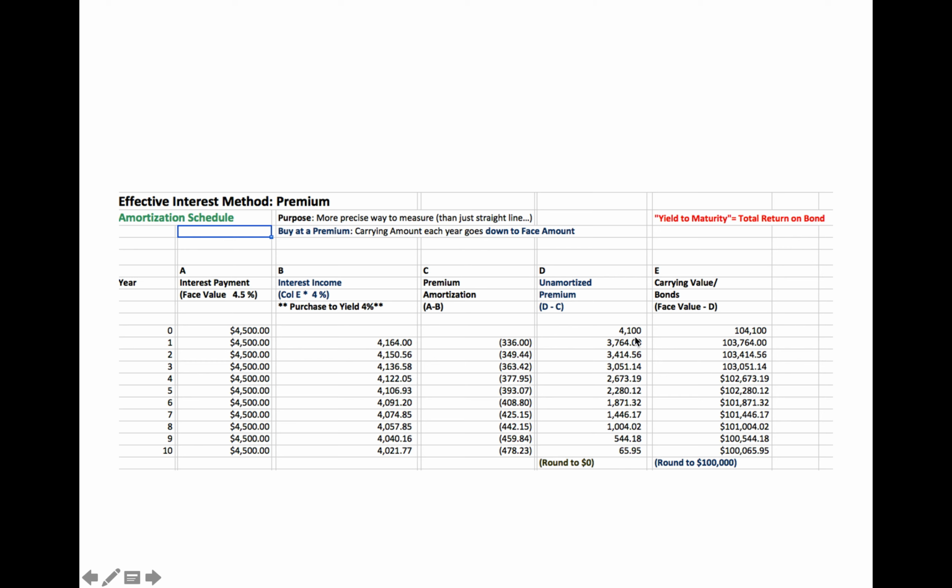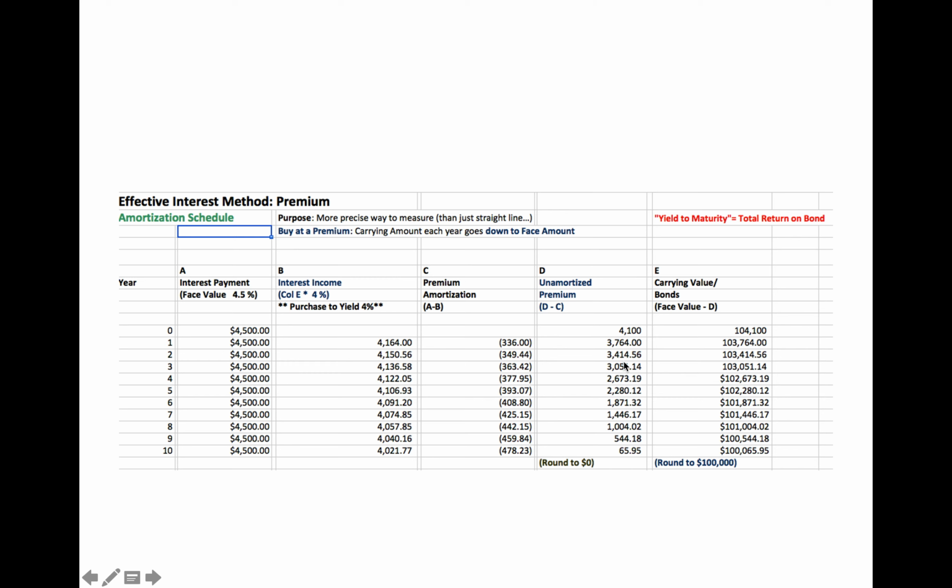The unamortized premium is lowered to $3,764. The carrying amount is lowered to $103,764. So over time, again, year two, we multiply the new carrying amount, $103,764 times 4% to get $4,150. The difference between A and B is $349.